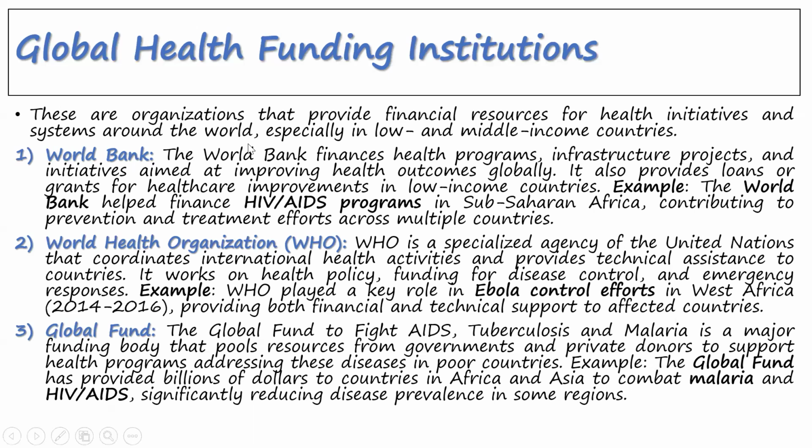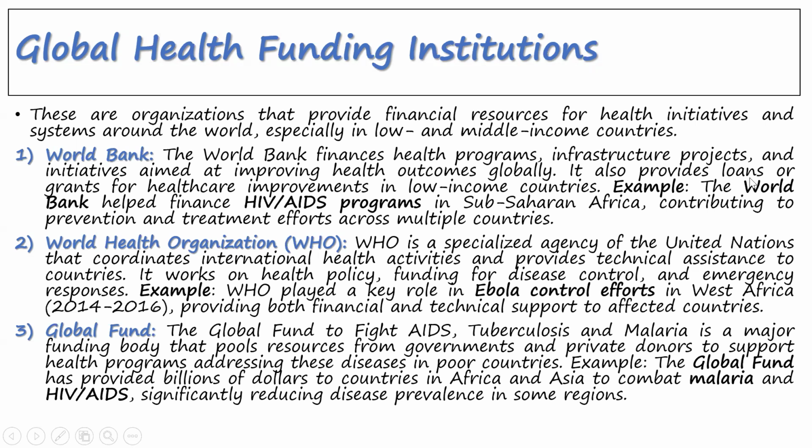So number one, we have the World Bank. The World Bank finances health programs, maybe malaria programs, AIDS programs, infrastructure projects, building of hospitals, labs, cancer centers, and initiatives aimed at improving health outcomes globally. That is why it is called World Bank.